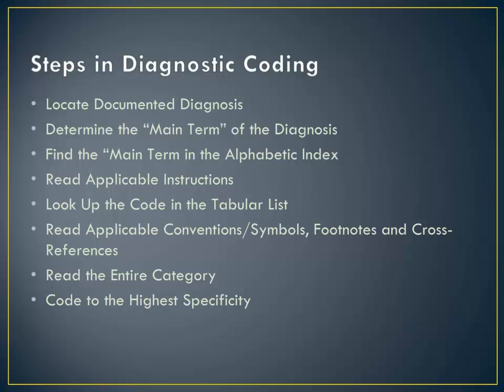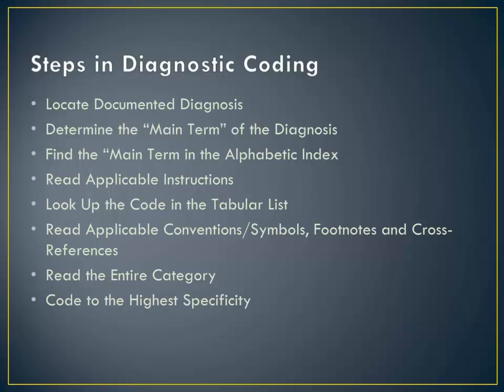We would find that main term in the alphabetic index, and then we would read any applicable instructions. There may be notes for you to see another term. So we're going to follow the rules or follow our guides as we move along.